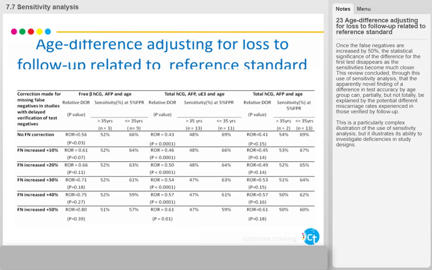Once the false negatives are increased by 50%, the statistical significance of the difference for the first test disappears as the sensitivities have become much closer.